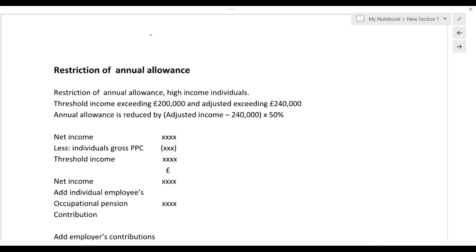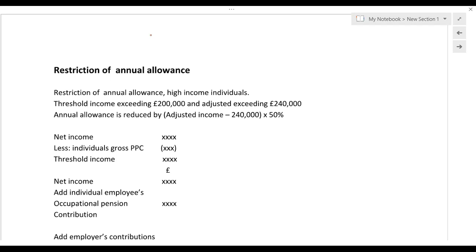Like we have seen in personal allowance, which also reduces and becomes zero if someone has adjusted net income of 125,140 or even more. When it comes to annual allowance of 40,000 for pension, this limit also reduces, but it cannot be zero. The minimum it can be is 4,000; it cannot go below 4,000.